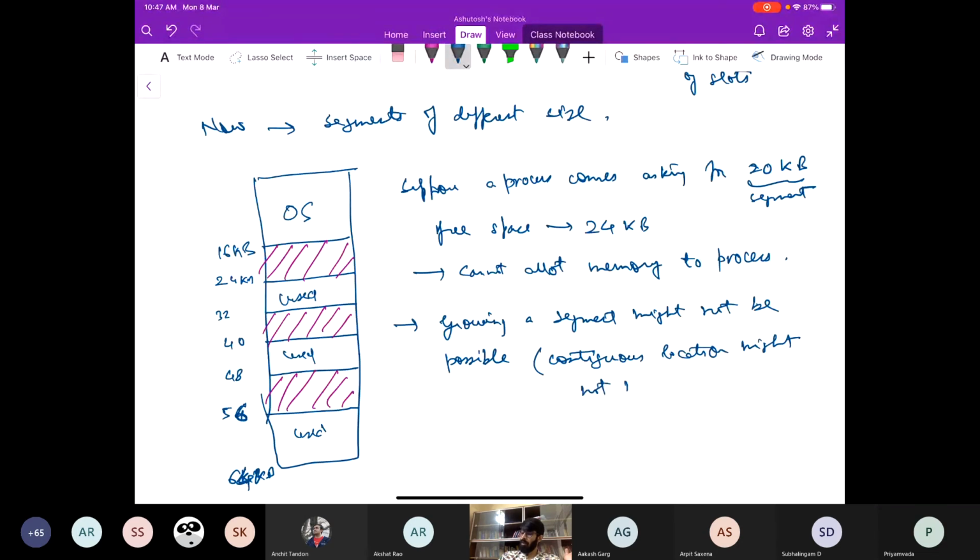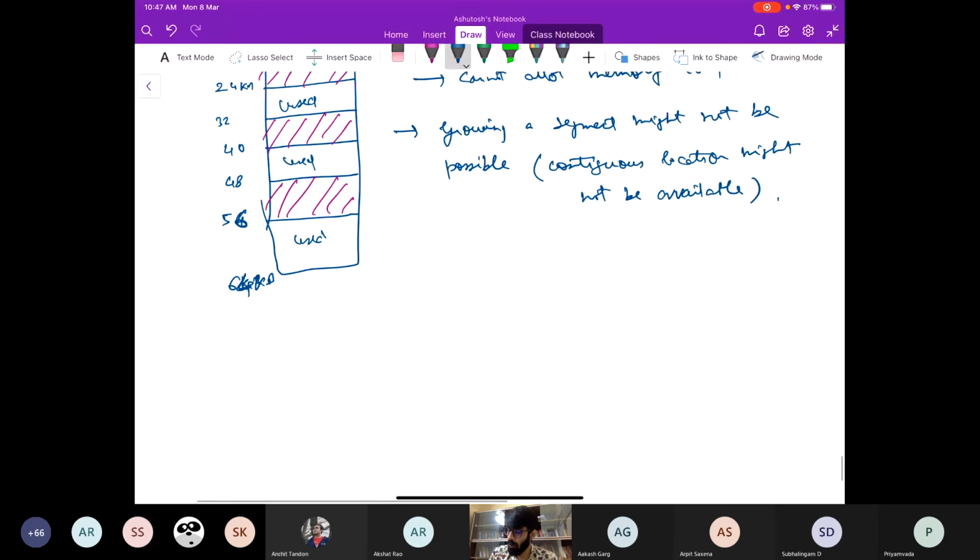So that space might not be available. Okay. So again, the OS will reject the request. And to solve this, something is used which is called compact memory.